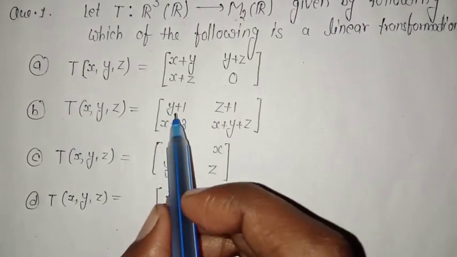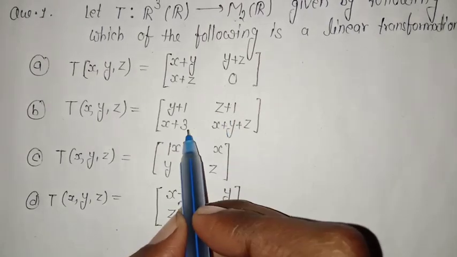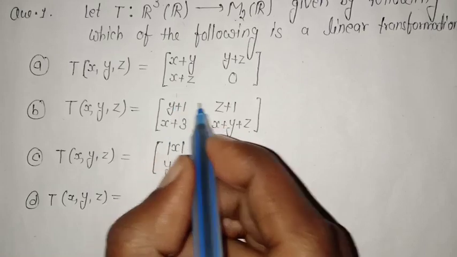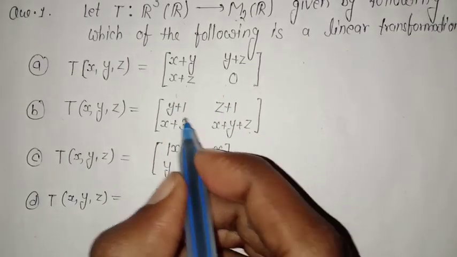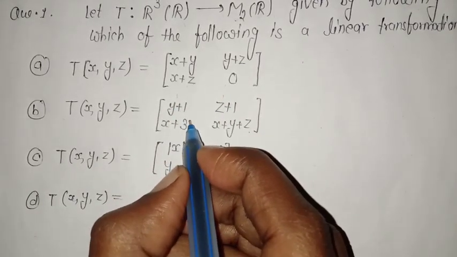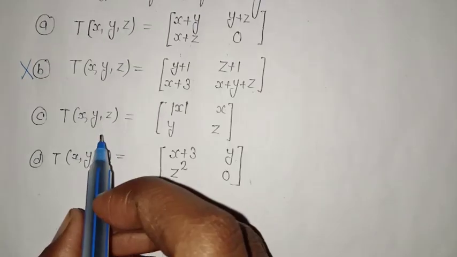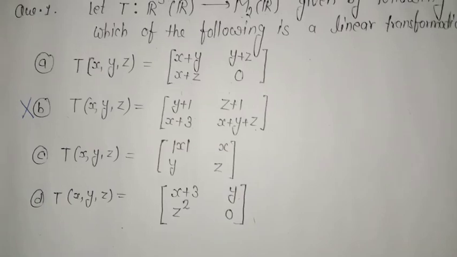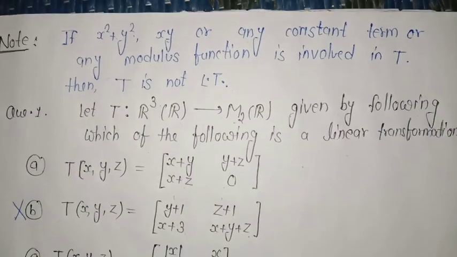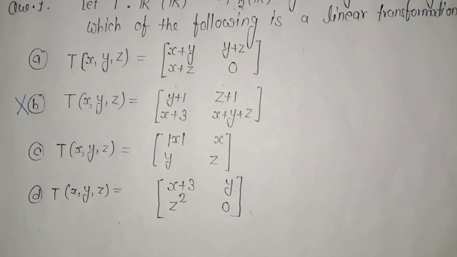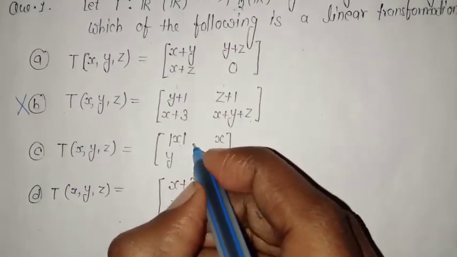Now T of (x, y, z) equals y plus 1, z plus 1, x plus 3, x plus y plus z. Each term has degree 1, but a constant term is also involved. That's why this option is not right. Now, if we see option C, as I told you in the note point, a modulus function should not be there if you want to say that the given transformation is linear. But here a modulus term is involved.